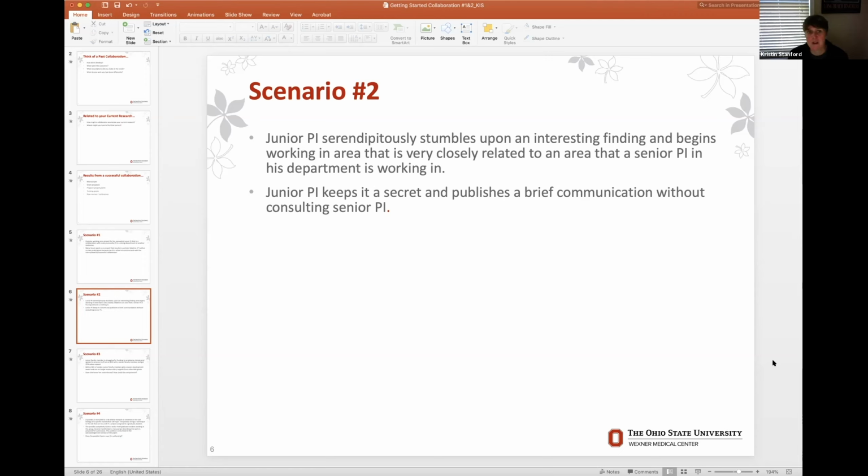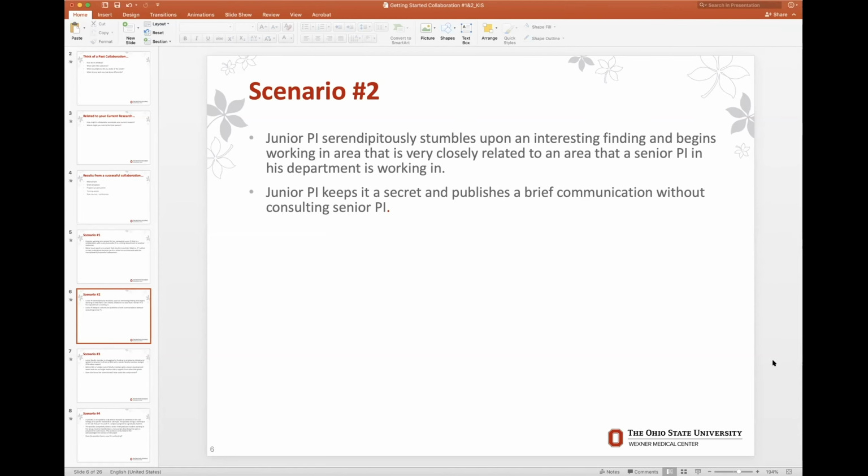If this was something the junior PI was working on their own, and they didn't do it in collaboration with the senior PI, and they published a brief communication without consulting the senior PI, then what are your thoughts on that?